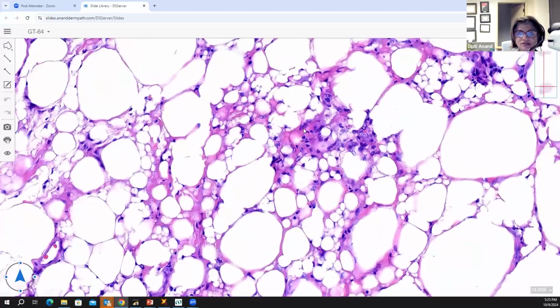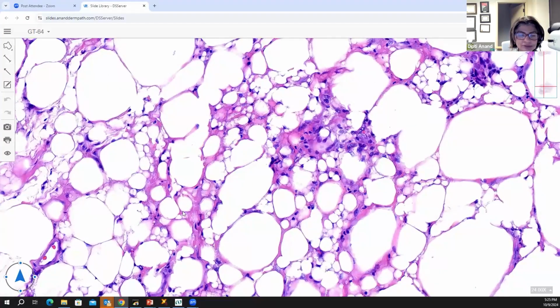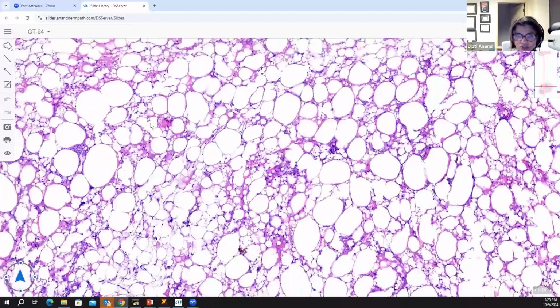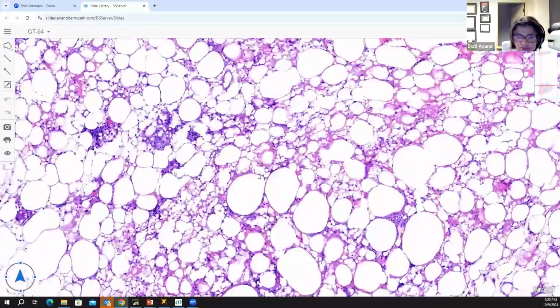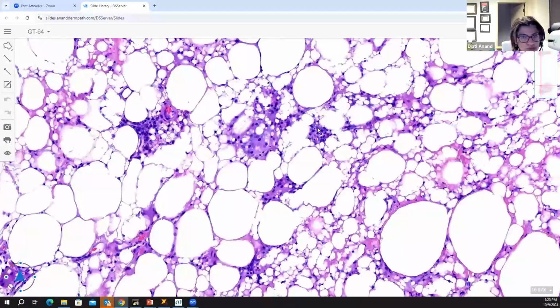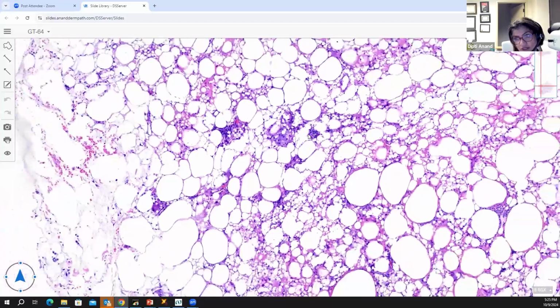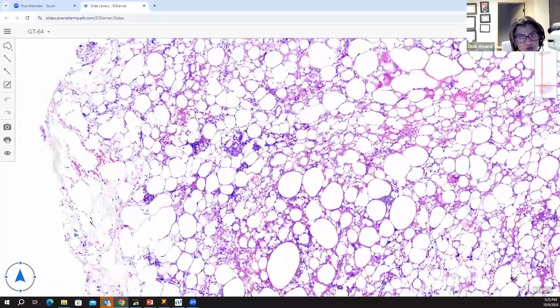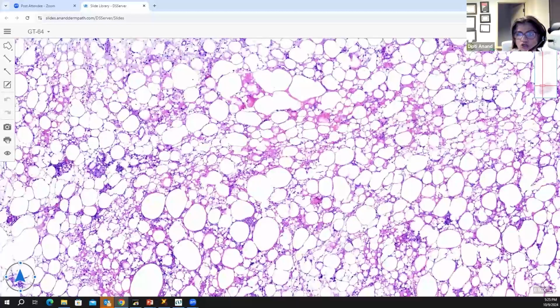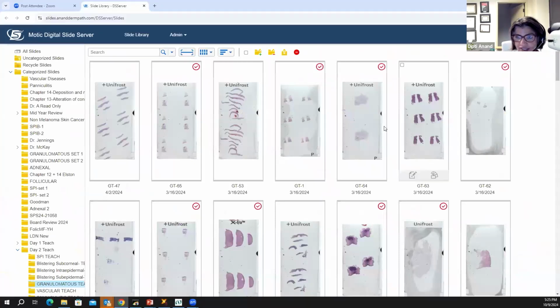The way you will recognize this as a foreign body is because there is marked variability in the sizes of these droplets, and there is an associated giant cell reaction, so there is a granulomatous reaction with it. This is known as a Swiss cheese appearance of a silicone granuloma, and this is how a paraffinoma or sclerosing lipogranuloma will look. So this is an example of a silicone granuloma, which can mimic a hibernoma. So we need to know that.